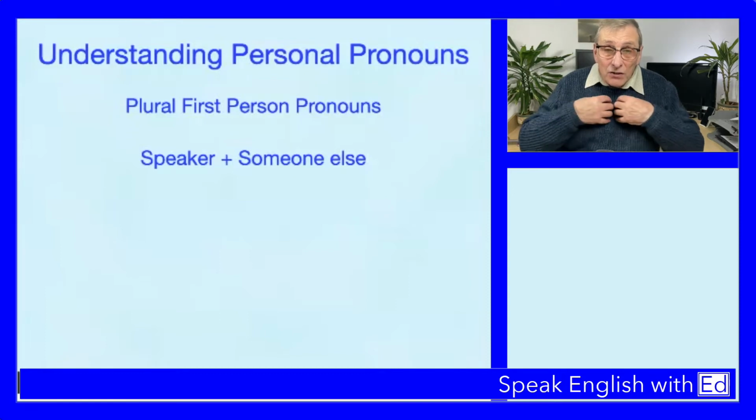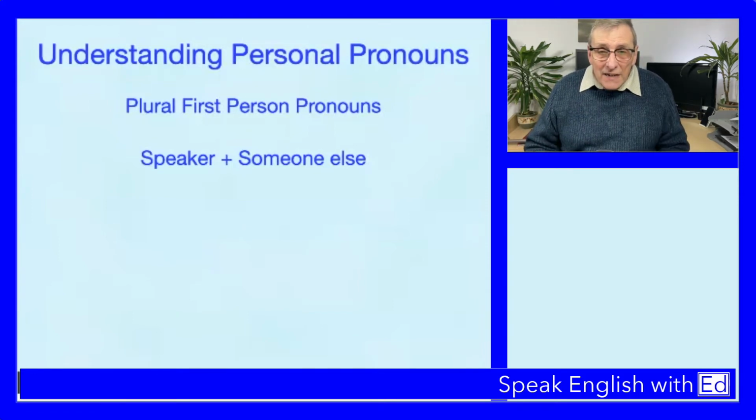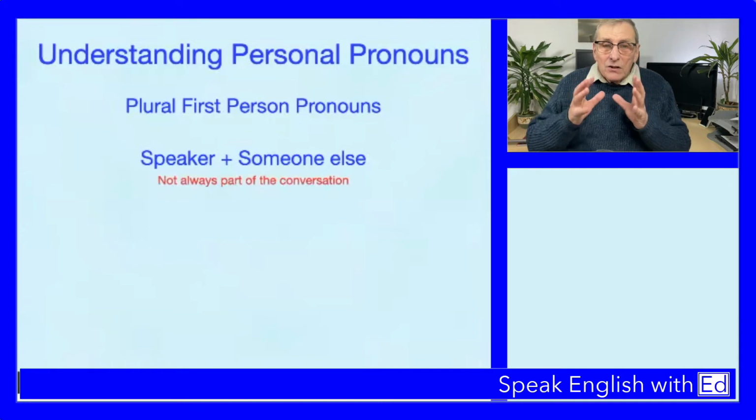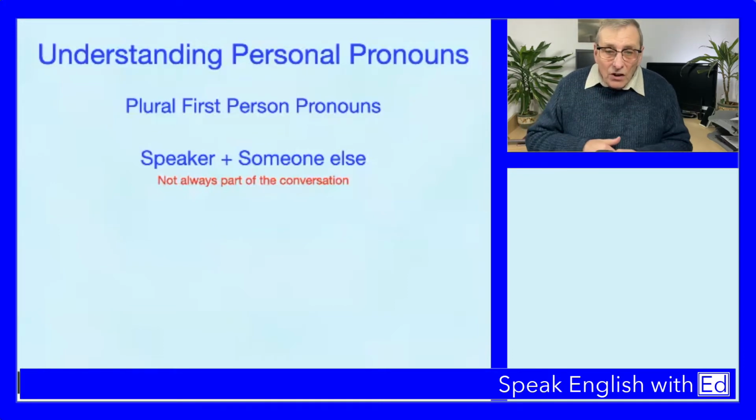The speaker is talking about himself and somebody else that is or was with him. Now, I say is or was because the speaker is not always part of the conversation or is not always present during the conversation.